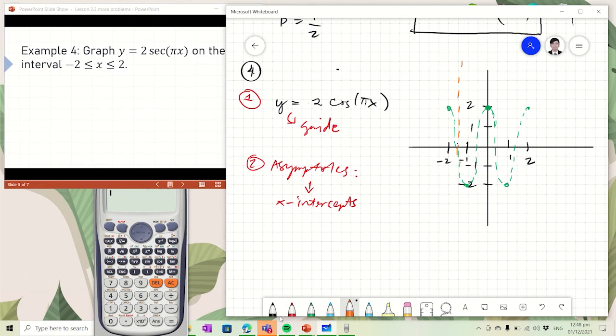Again na yung x-intercept, yung line na mag-i-intersect sa ating x-axis. That's our asymptotes. Okay, ito din. Ito din. And finally, ito.